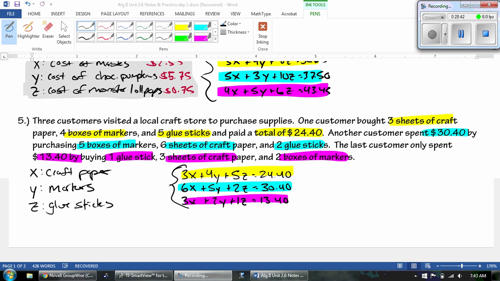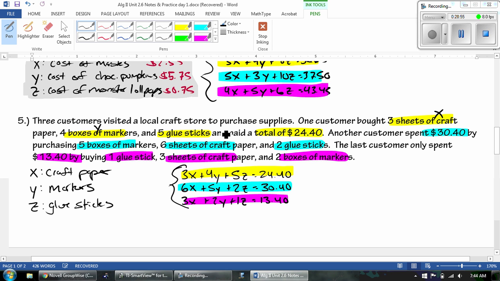Okay, so X was our craft paper, Y was our markers, and Z was our glue. Now, if you looked at it, each one of those was messed up because here's our X, there's our Y, there's our Z, but then they said markers, and remember markers was Y, our craft paper was X, our glue sticks was Z, and then the glue, they mentioned glue sticks, craft paper, markers, okay?